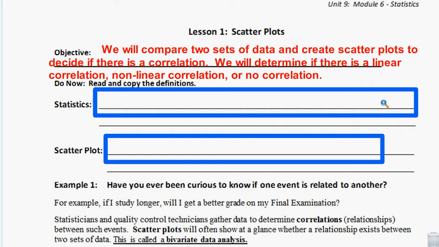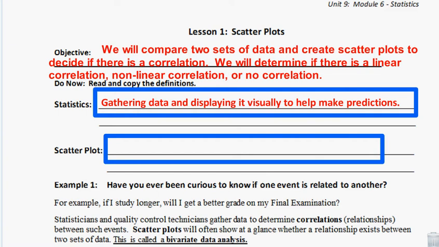So what the heck is statistics anyway? Statistics really is just gathering data and displaying it visually to help make predictions. Now I'm going to try and go slow enough so that you have time to copy all of this, but please tell someone to hit pause if necessary.